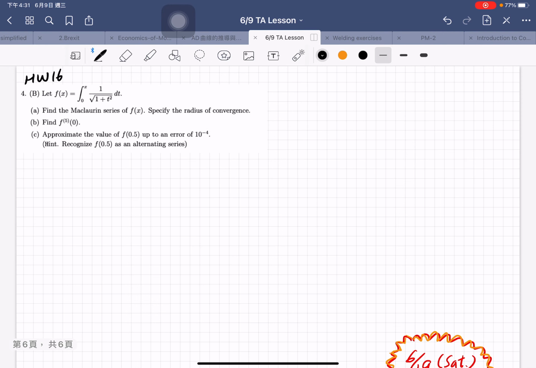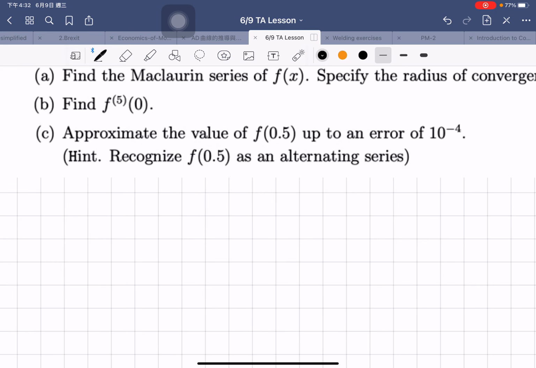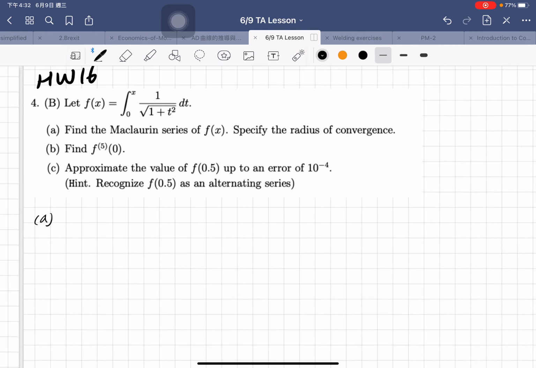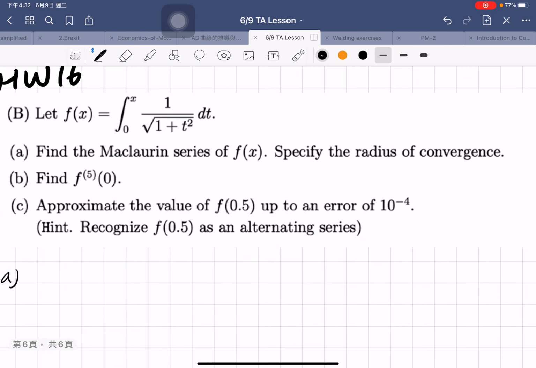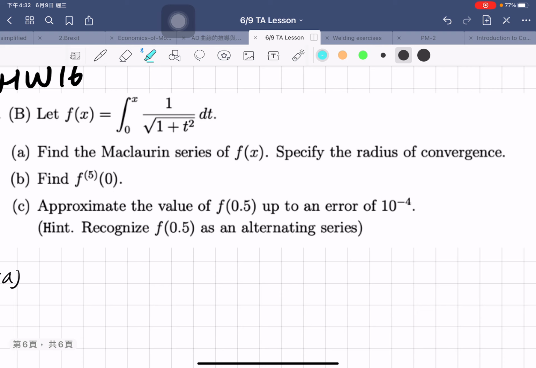Okay, so homework 16, which will be problem 4. I think there is a similar question in the lecture notes, and so part A will be similar. So let f of x be given. We want to find the Maclaurin series of f of x.